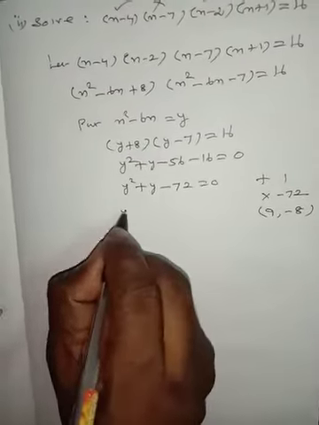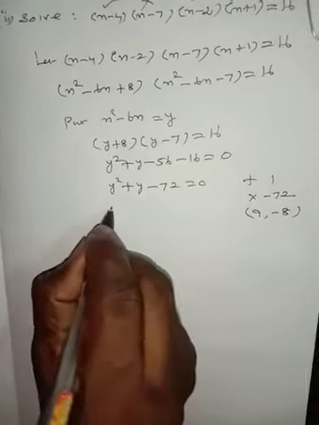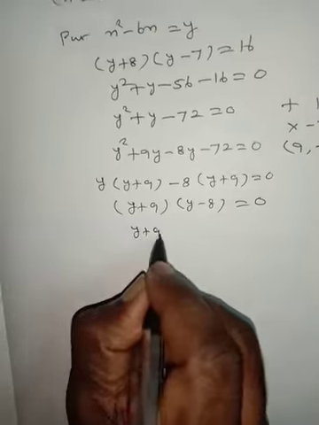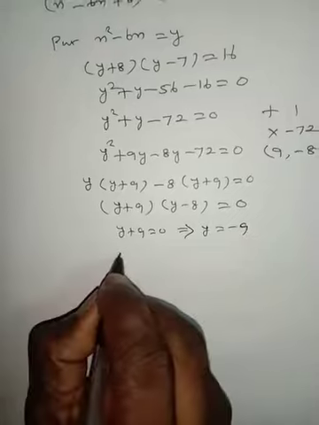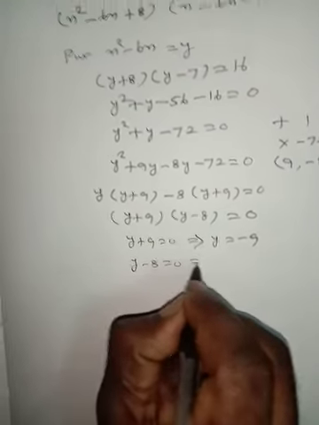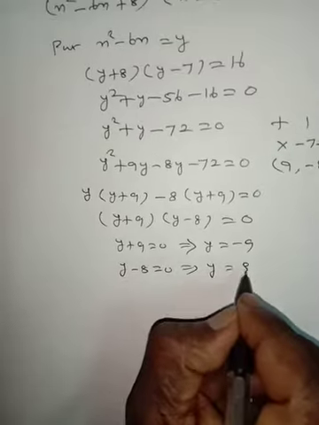Next line, y square plus 9y minus 8y minus 72 is equal to 0. Take the first two terms, y is common, y plus 9, minus 8 is common, y plus 9 is equal to 0. y plus 9 into y minus 8 is equal to 0. y plus 9 is equal to 0 implies y is equal to minus 9. y minus 8 is equal to 0 implies y is equal to positive 8.